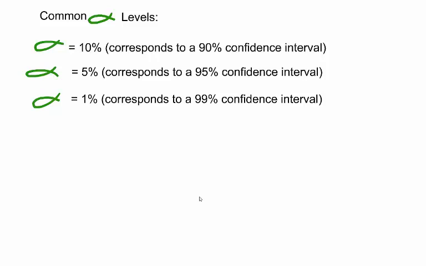Common alpha levels are 10%, which corresponds to a 90% confidence interval, 5%, which corresponds to a 95% confidence interval, and 1%, which corresponds to a 99% confidence interval.